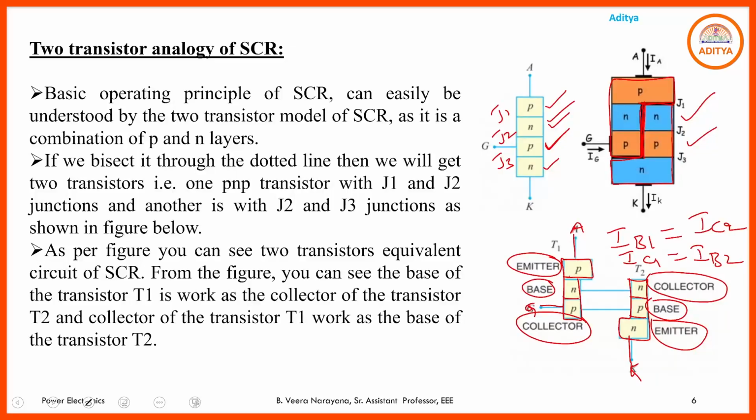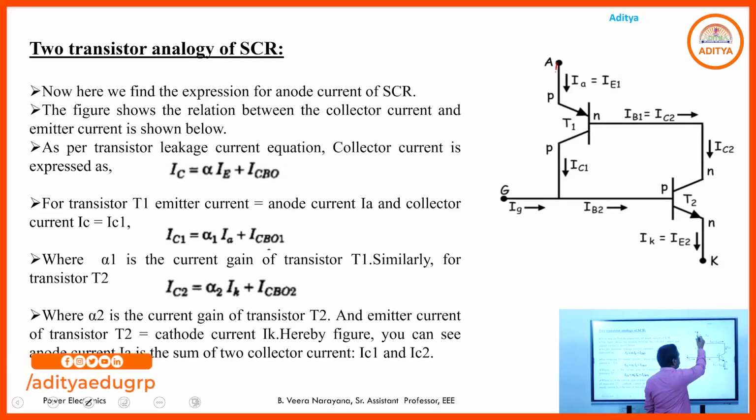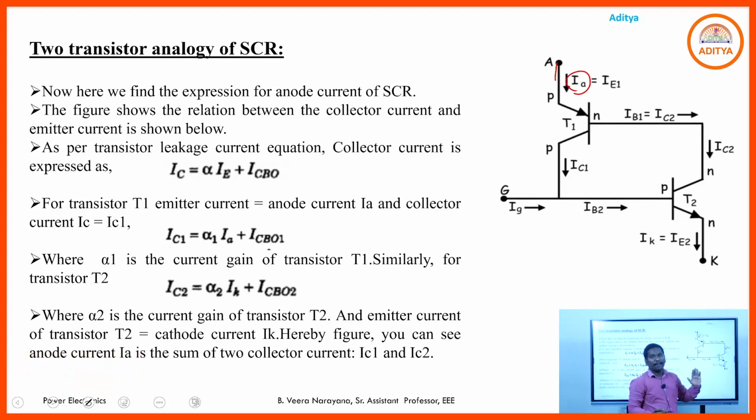So this is the equivalent circuit of the two transistor analogy. Here this is the anode, here the cathode and the gate. The current flowing through the anode terminal is taken as IA, and that IA is equal to the emitter current flowing through the first transistor. Hence we write IA = IE1. The cathode current of the SCR, IK, is simply equal to the emitter current of the second transistor, IE2.